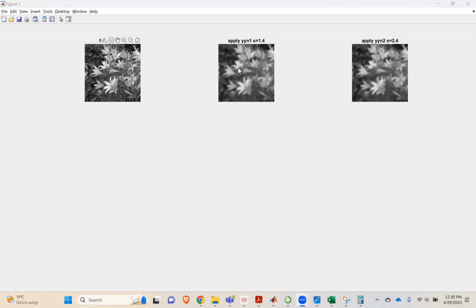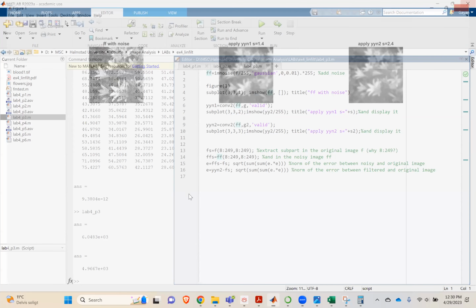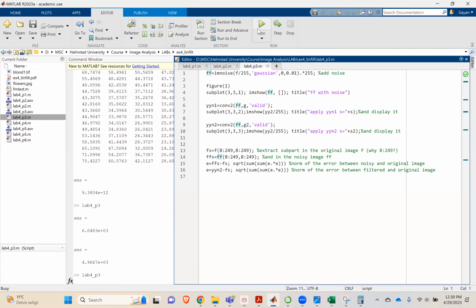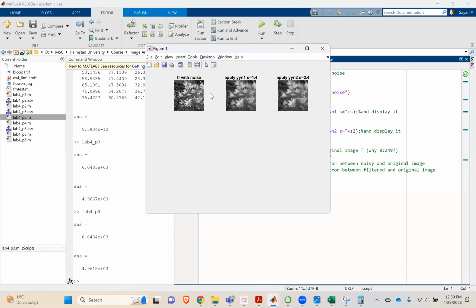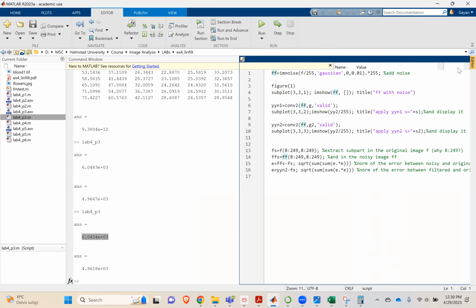the noise. But in the class, what we did, we applied a bigger filter. If you apply a bigger filter, the image also gets blurred. You can see the image is blurred, but still, when you compute the error between this one and the original image, the error is high on this. This is how we calculate the error.